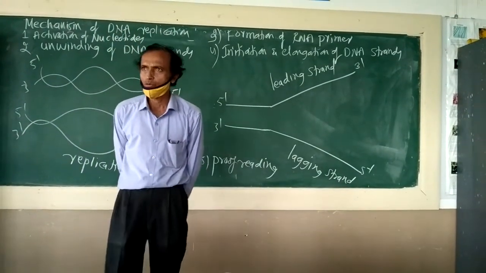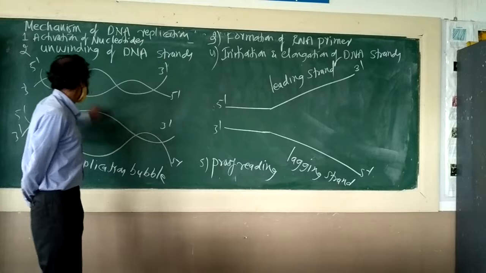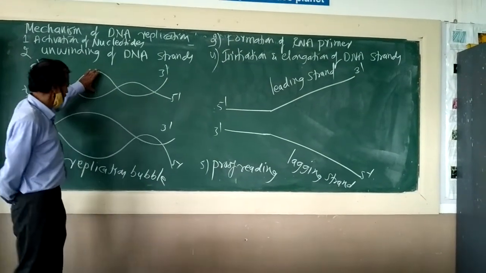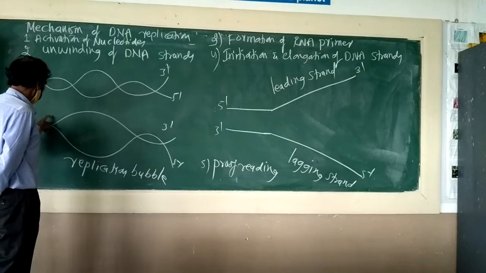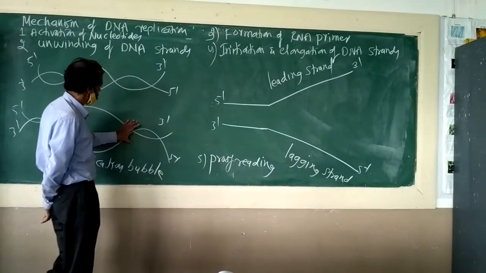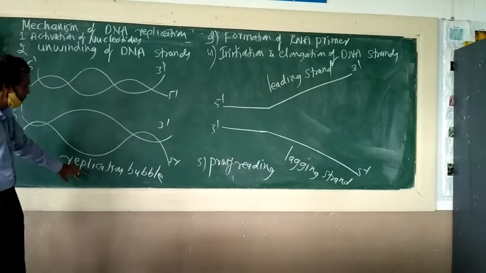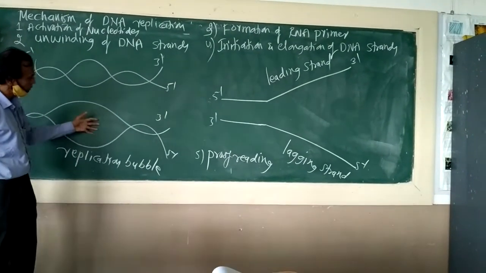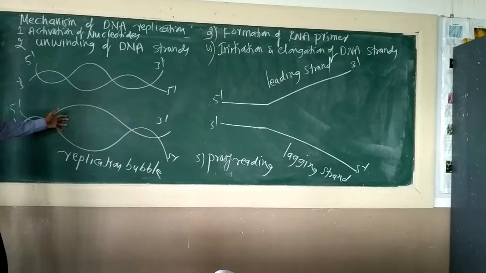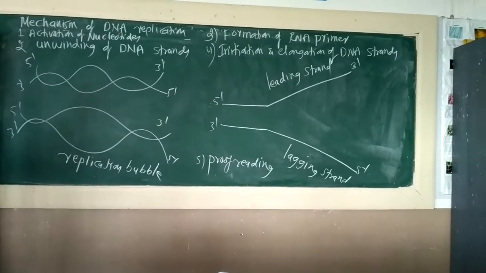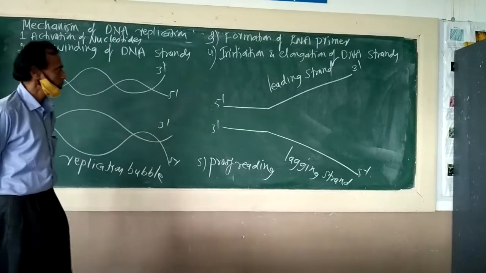Helicase removes the hydrogen bonds between complementary nitrogen bases, and the enzyme gyrase stabilizes the two separated strands using single strand binding proteins. That's how we get regions called replication bubble. The single stranded regions are called replication bubble or replication loop. That's how unwinding of DNA is performed by the enzymes helicase and gyrase.